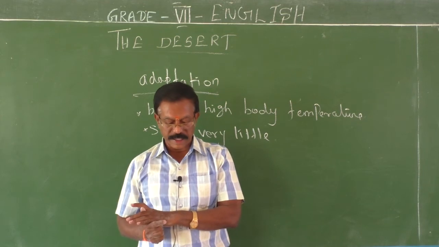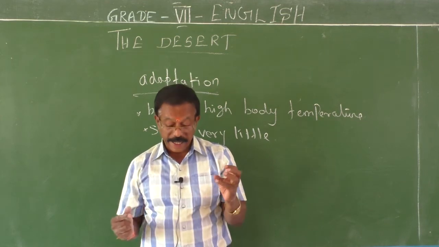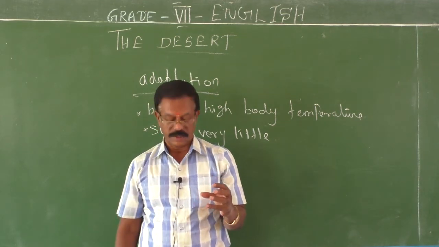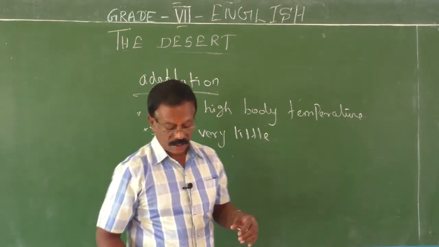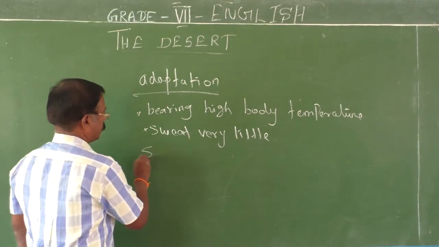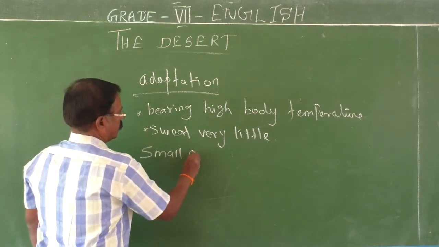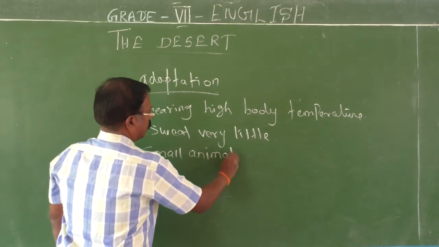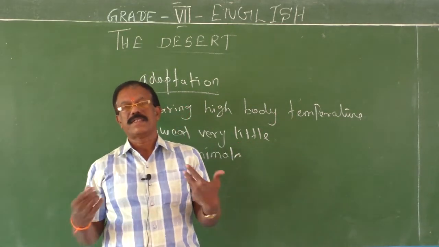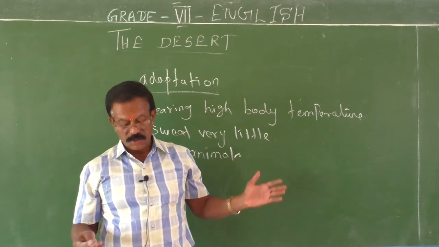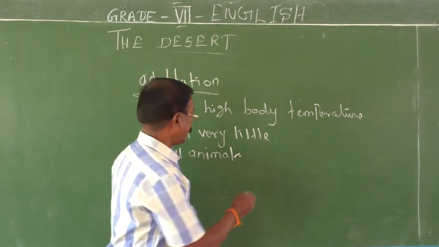And small desert animals hide in underground burrows. This allows them to escape the extreme desert temperature. Small animals. Really, they have learned to live in such a harsh climate. Mostly these small desert animals use underground burrows.